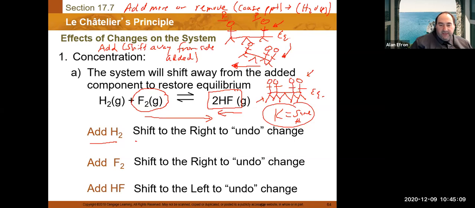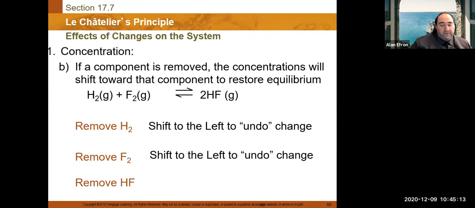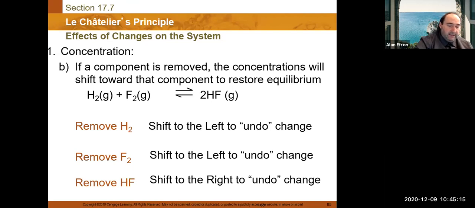Now, as I mentioned, removing is sort of the opposite. Removing actually goes towards the side that you removed it from. So if we take my really bad stick figure example like we had previously, our left is the reactants, the guy on the right is the products. Let's say the guy on the right-hand side hopped off.